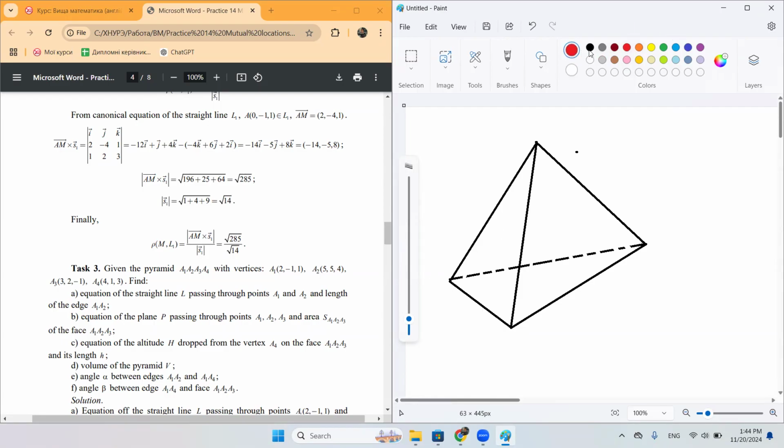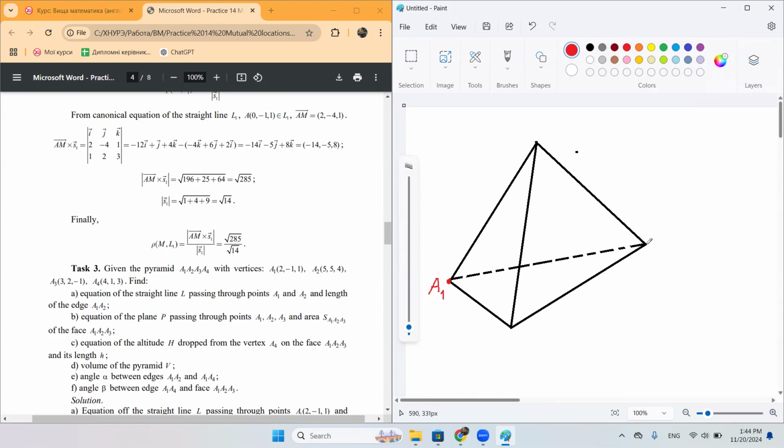And which coordinates does it have? Let's name them correctly. A1, A2, A3, and it will be A4.